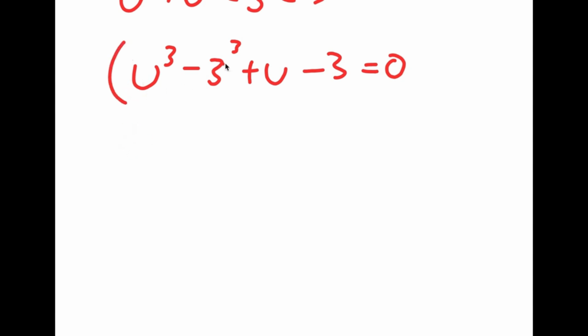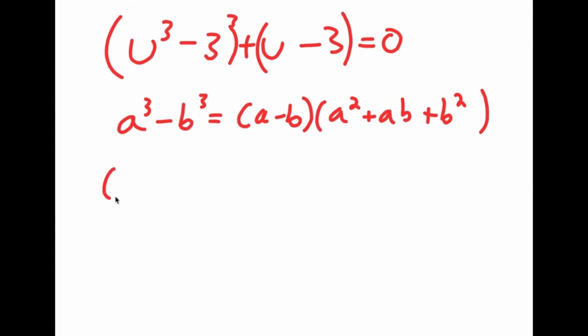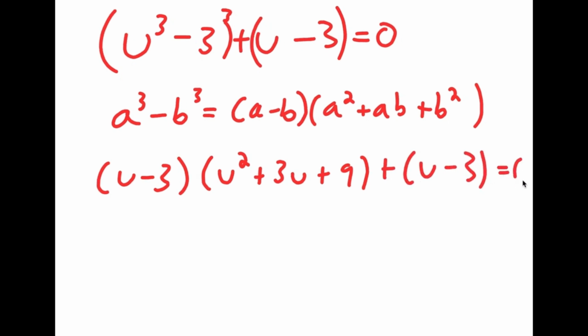So now, if I put this in parentheses real quick, if I have something in the form a to the power of 3 minus b to the power of 3, this is equal to a minus b times a squared plus ab plus b squared. So in this case, this turns into u minus 3 times u squared plus 3u plus 9 plus u minus 3, which is equal to 0.